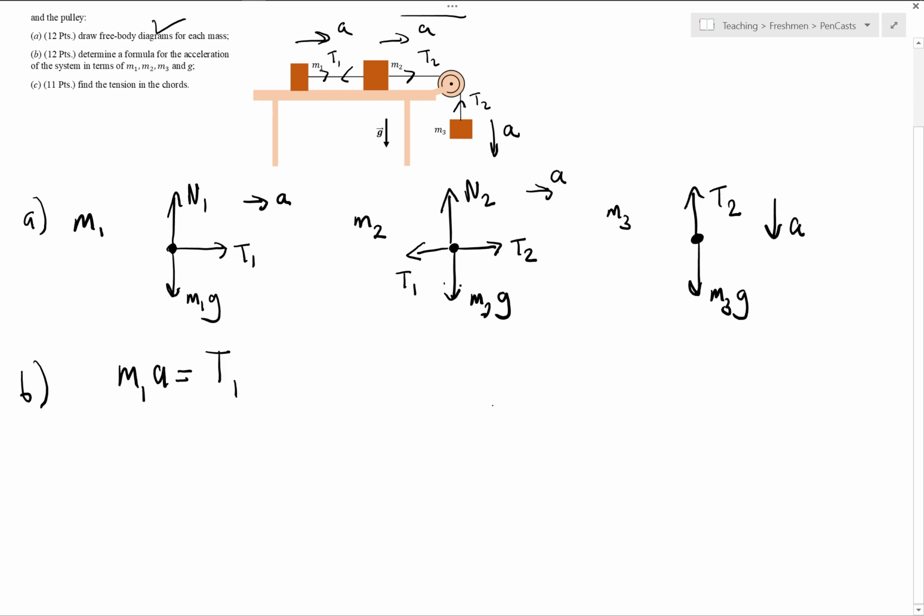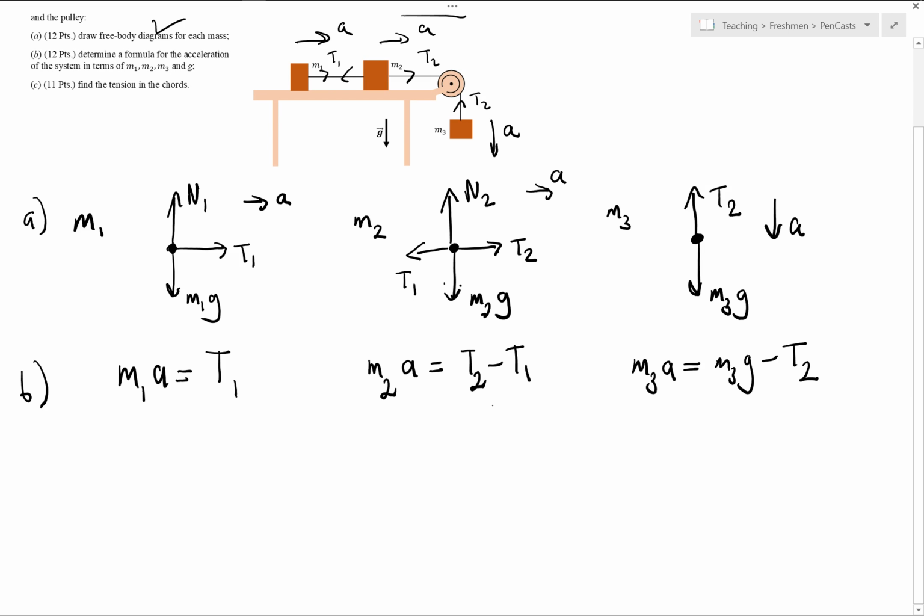That will be T1. For the second mass, M2A, the net force will be T2 minus T1. For the third one, M3A, M3G is pulling it down, but T2 is pulling it up.